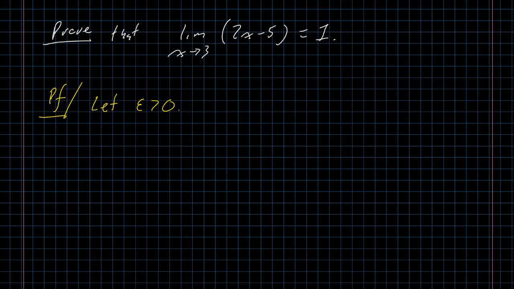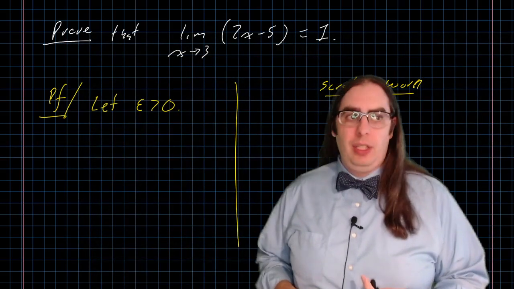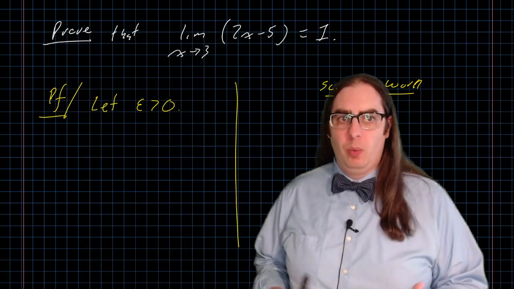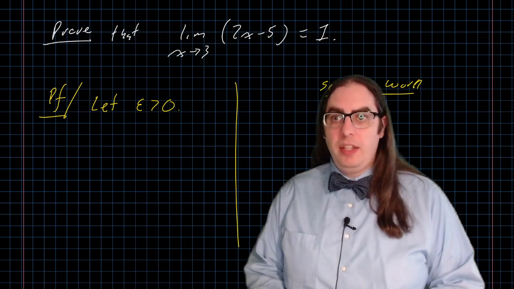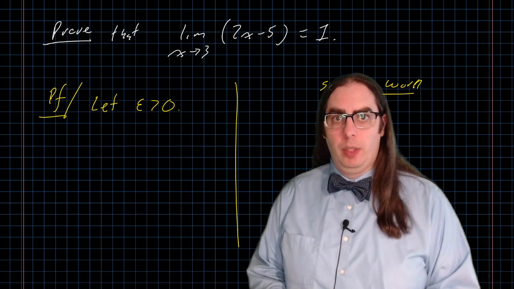Now, whenever you write an epsilon delta proof, it always starts with scratch work. The scratch work is not part of the proof, and so it should be written separately from the proof. And in a traditional calculus course, or even in academic writing, whenever a mathematician writes an epsilon delta proof, they write all their scratch work, and then they crumple it up and throw it away, and they don't show it to anyone.